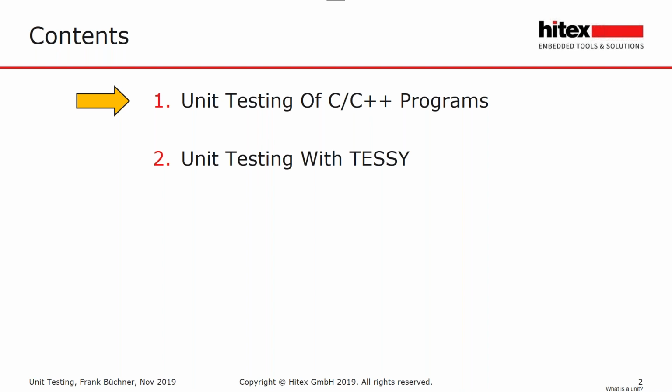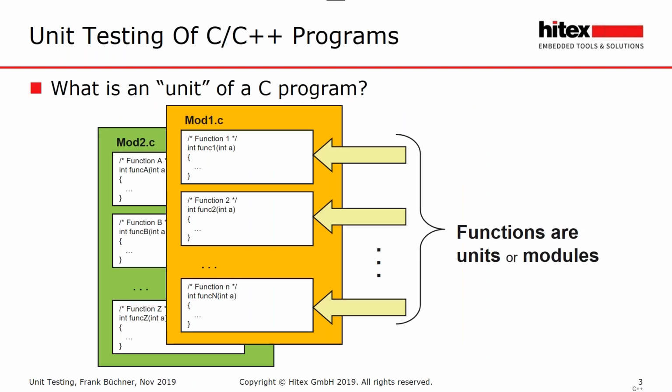The primary question when we talk about unit testing of C or C++ programs is, what is a unit? And this is depending on the programming language. If we talk of C as a programming language, the functions are the units. So the functions in the sense of C are the units, and these units can also be called modules, because unit testing and module testing is more or less the same for me.